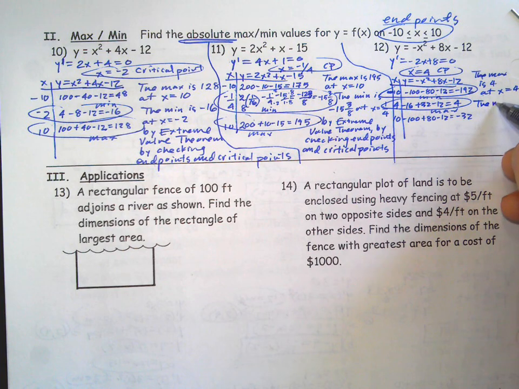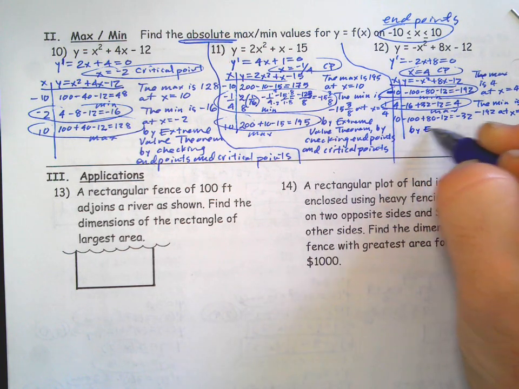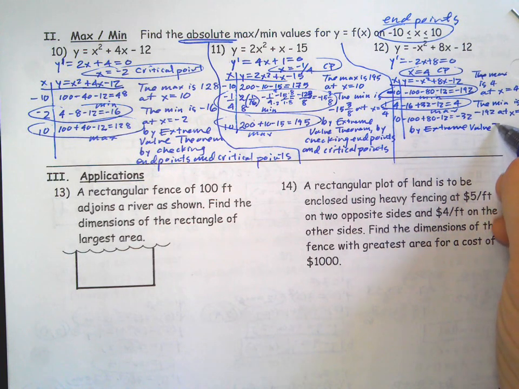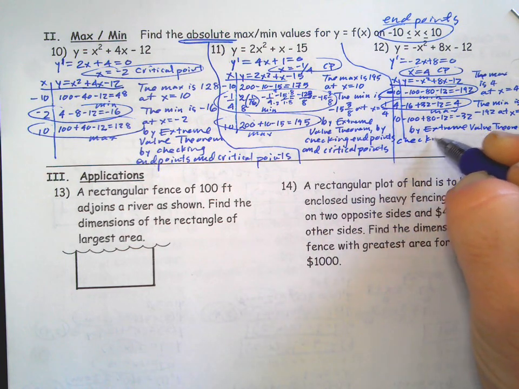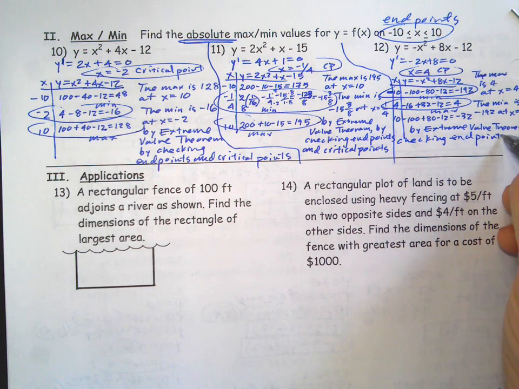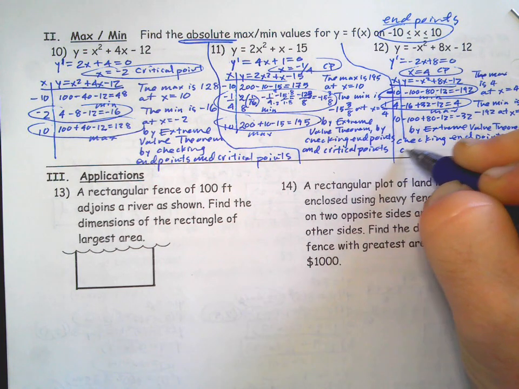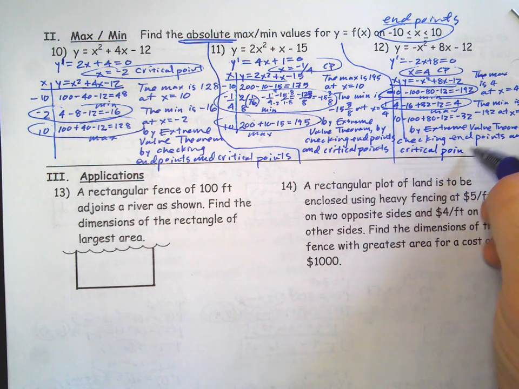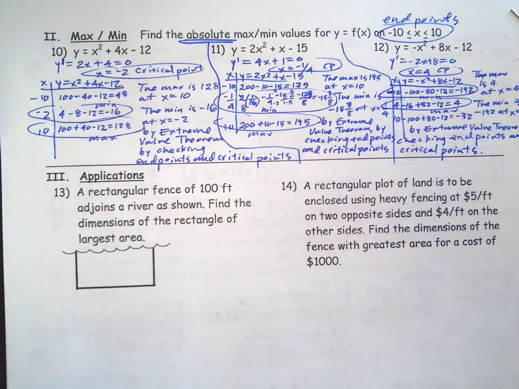The min is negative 192 at x equals negative 10 by extreme value theorem, checking endpoints and critical points. All right. Now for the next ones that are like this, but a little harder.